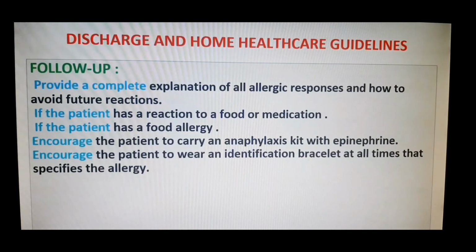Encourage the patient to carry an anaphylaxis kit with epinephrine. Teach the patient and family to administer subcutaneous epinephrine in case of emergencies. Encourage the patient to wear an identification bracelet at all times that specifies the allergy.